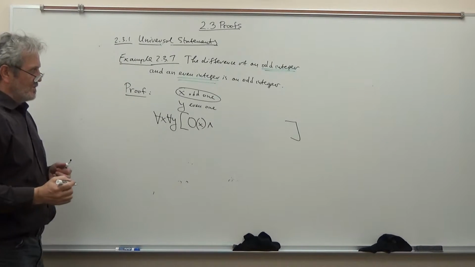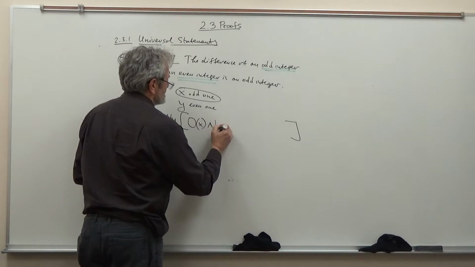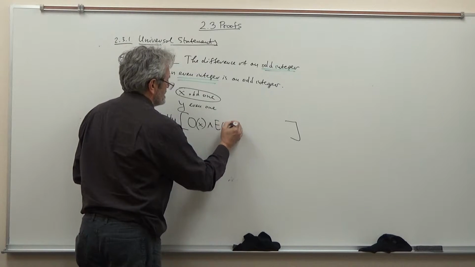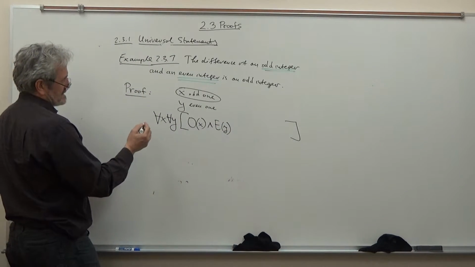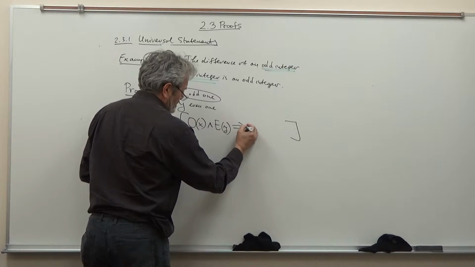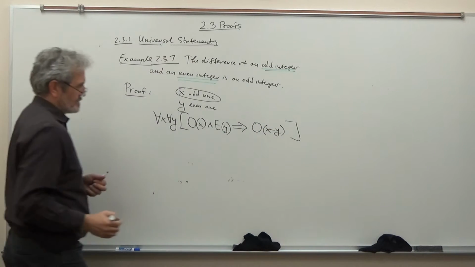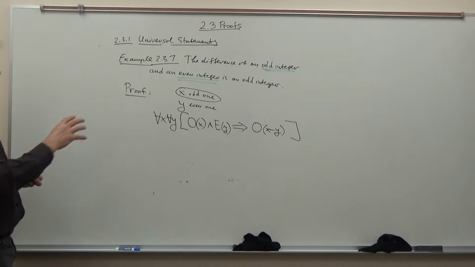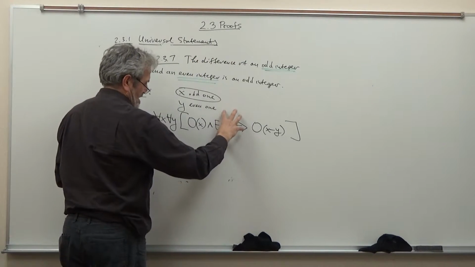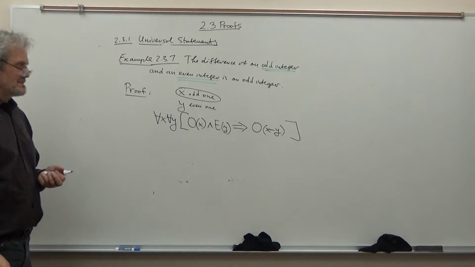What else do we know? We know that y is even, so even of y. And then we want to prove that their difference is odd. This is what we really said here. So what we said here and what we said here is exactly the same.